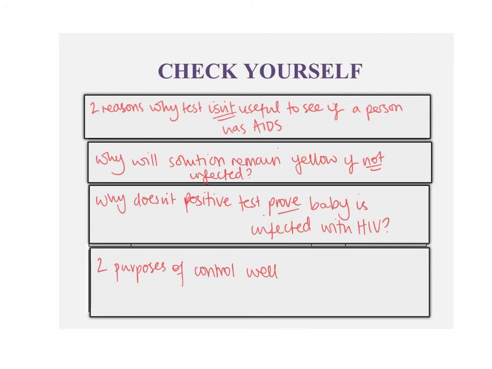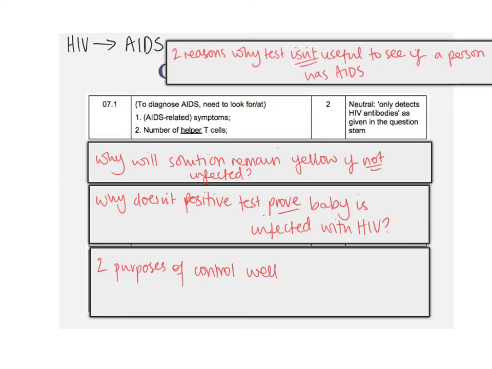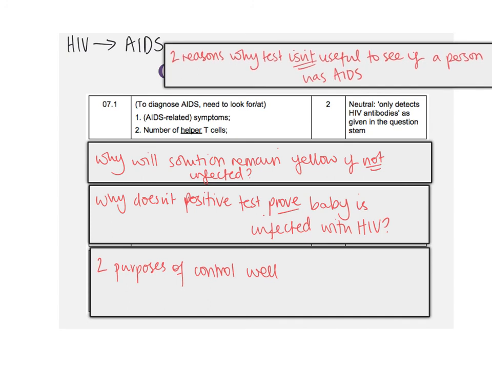Now the first question was looking at 2 reasons why the test isn't useful to see if a person has AIDS. And you should have recognised that there's a distinction between HIV and AIDS. Now that is to say that they're linked, and if you have HIV for too long, then it can lead to AIDS, but they are separate illnesses. So in order to see if a person has AIDS, you need to look for symptoms. That's the first mark.